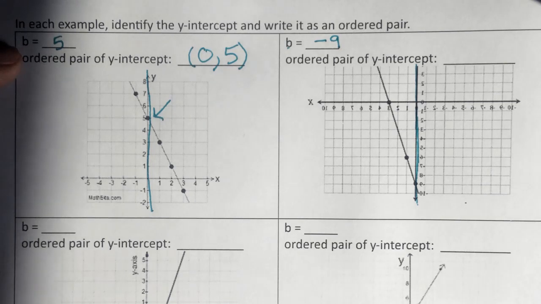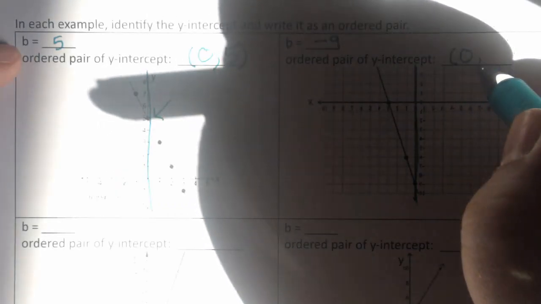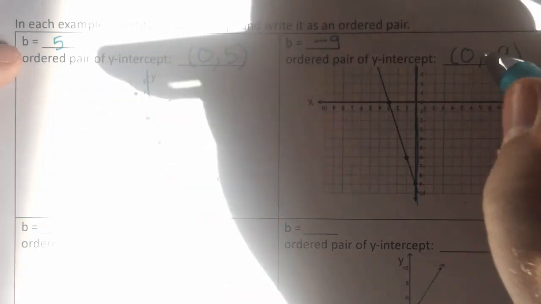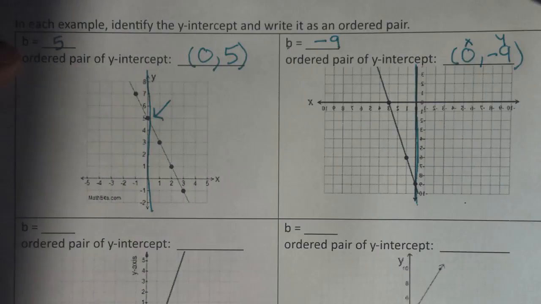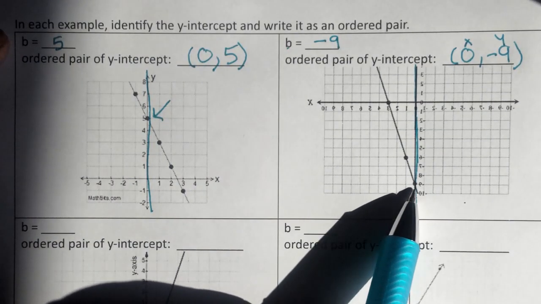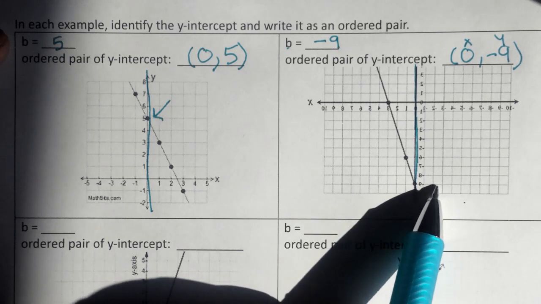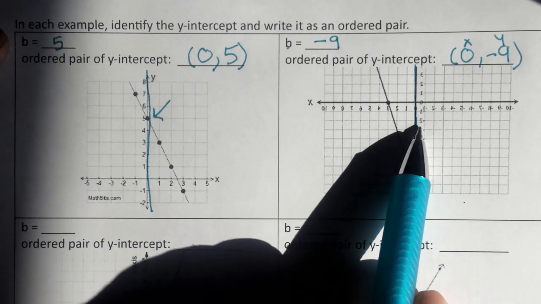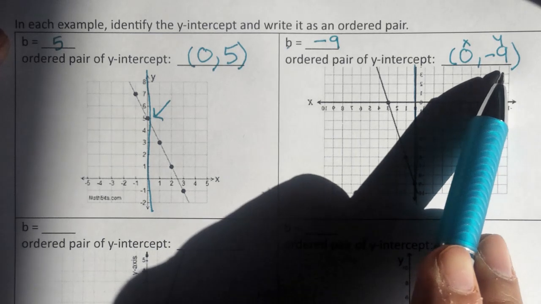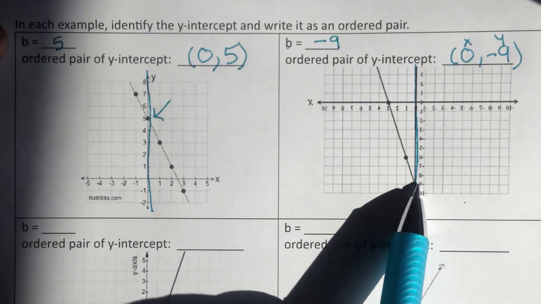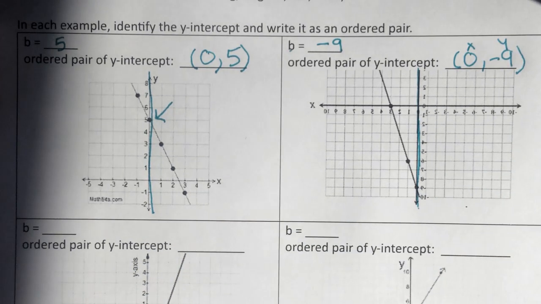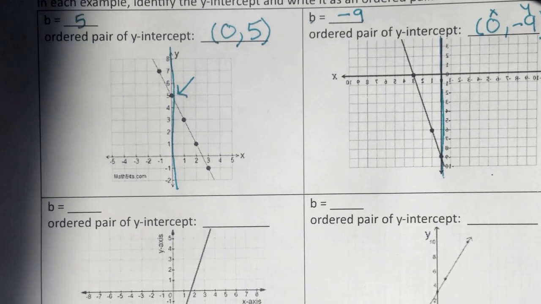If b is -9, I know I can write the ordered pair 0, -9. This means that the x value is 0. So going on this dot, we have no side-to-side number line value. It's in the middle. And then -9 means we're down 9. So that's the y-intercept there.